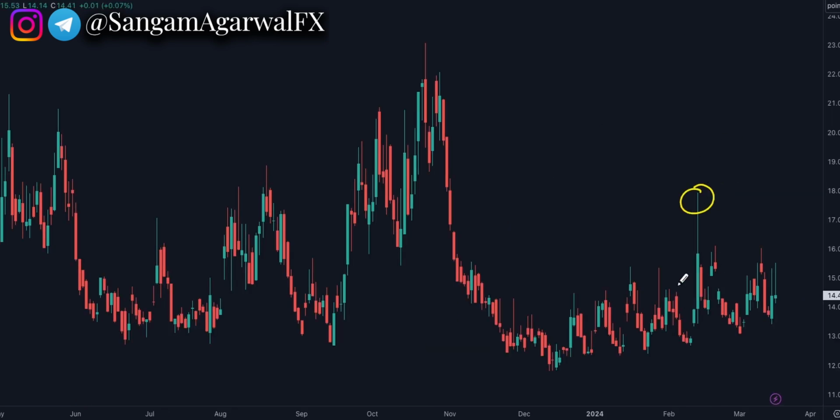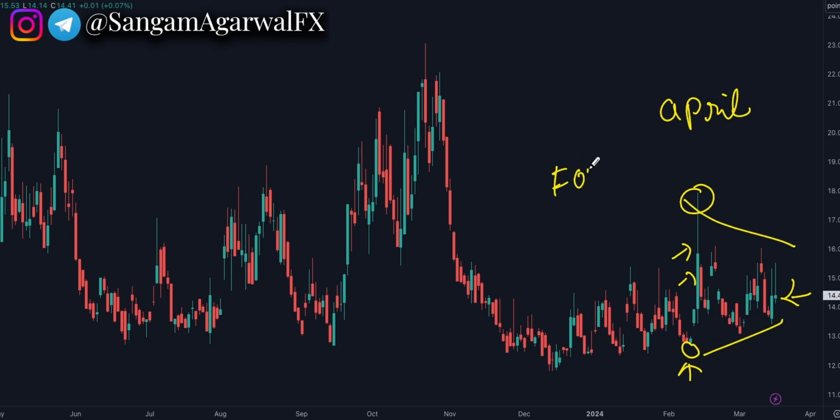VIX daily chart, when it jumped in a big way, we were bullish right at the bottom. Now Goldman is bullish on VIX and they are bullish until April, before the FOMC meeting. So right now we have no trade on VIX, and after the FOMC meeting we will decide what the next strategy will be.